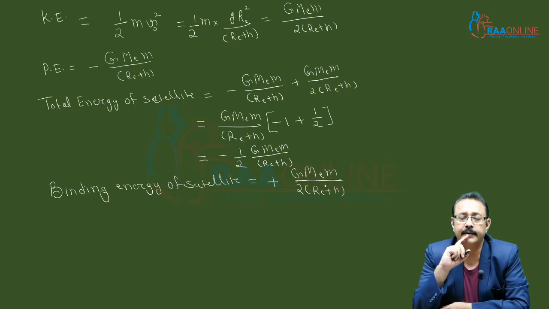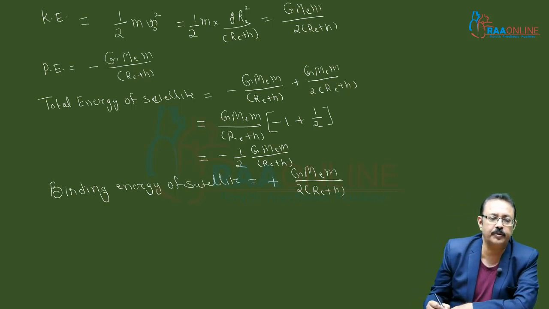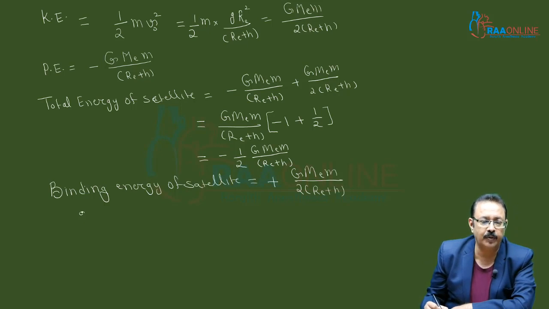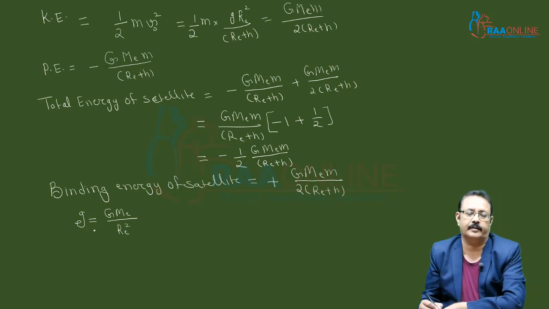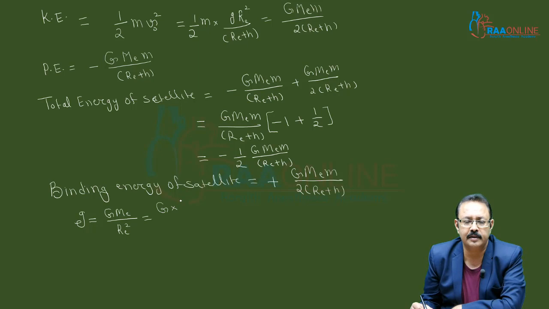Sometimes they are asking about graph. When we are moving from earth's center away from it, graphically represent the value of g. So we should know that also. What I told you the value of g, it was GME upon RE square on the surface of earth. If we write it in terms of, what is mass? Mass is volume into density.